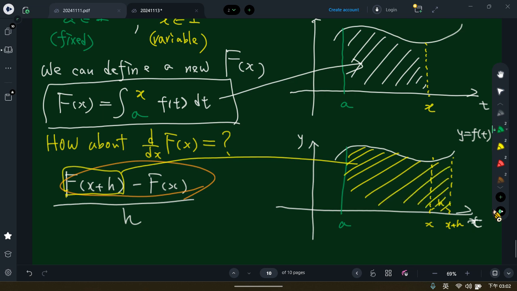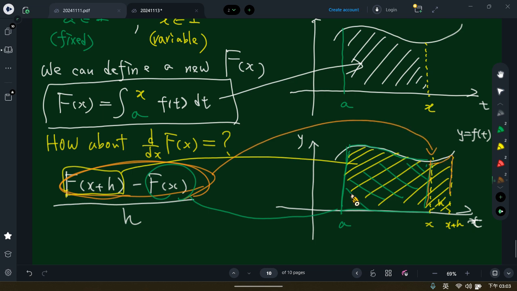And here, f of x should be from here to here. When we do f of x plus h minus f of x, the whole part is talking about this part, right?